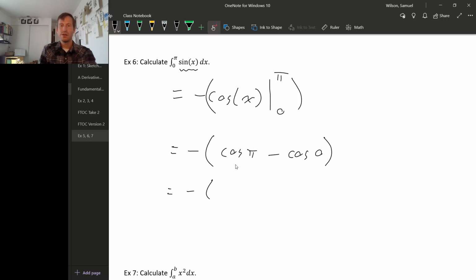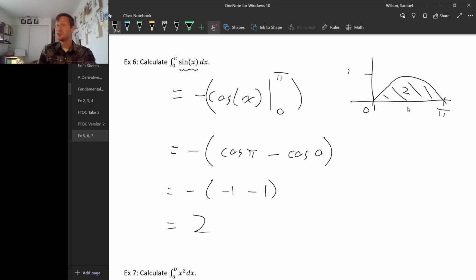Negative cosine of pi is 1, minus cosine of 0, which is 1, so this whole thing comes out to be 2. The graph of sine from 0 to pi, like this, has an area under it of exactly 2 units. It's a bit of a surprise that it comes out to be such a nice number.